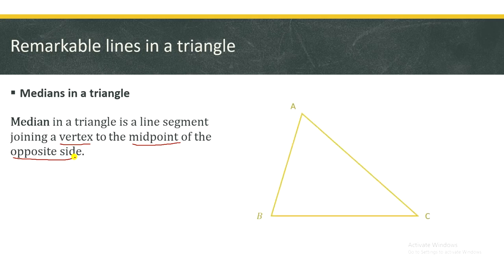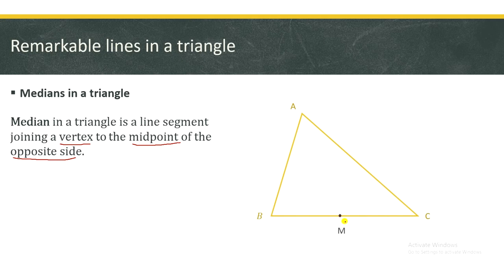ABC is a triangle. I will draw the median from A to its opposite side. What is the opposite side of the vertex A? It is BC. Place the midpoint of BC using the ruler. Suppose that BC equals 8.